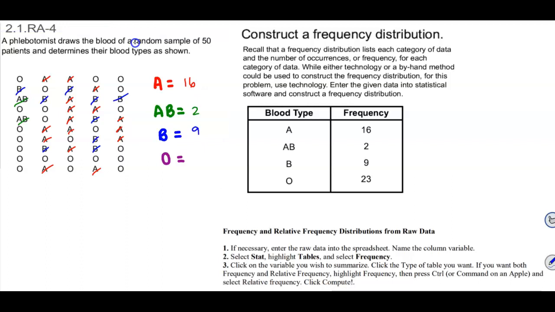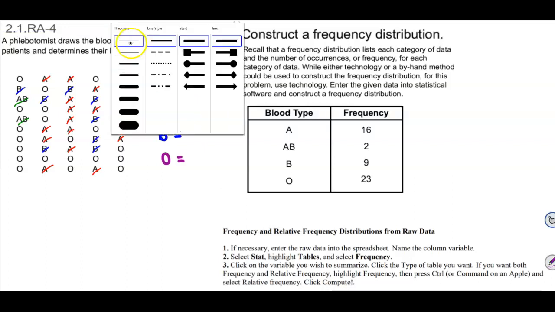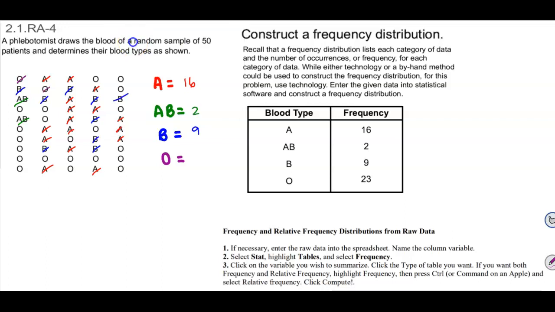And then for blood type O, we have 1, 2, 3, 4, 5, 6, 7, 8, 9, 10, 11, 12, 13, 14, 15, 16, 17, 18, 19, 20, 21, 22, 23. Okay, so that's doing it by hand.